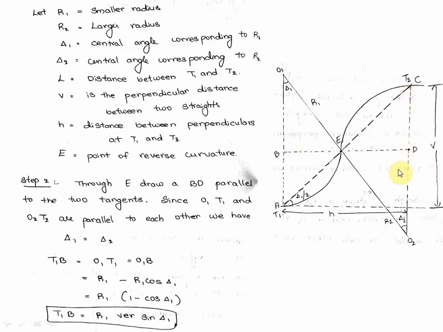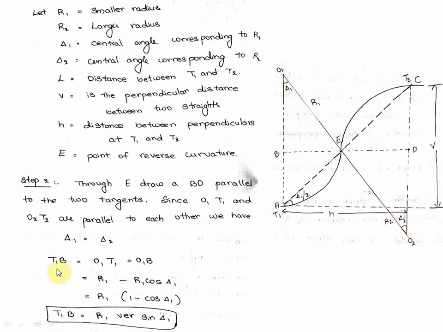Since O1T1 and O2T2 are parallel to each other, we have delta 1 equal to delta 2, as I have told in the condition.